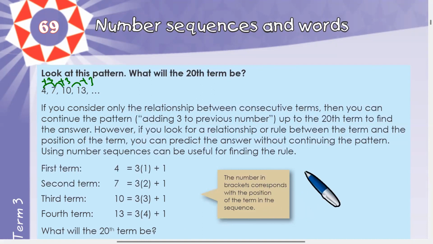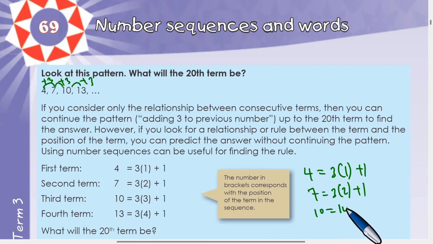So you take the first term, then the next term, and then the other term, 10. 3 into 3 plus 1. What will the 20th term be?